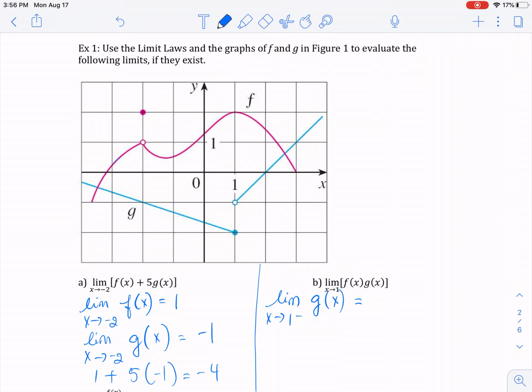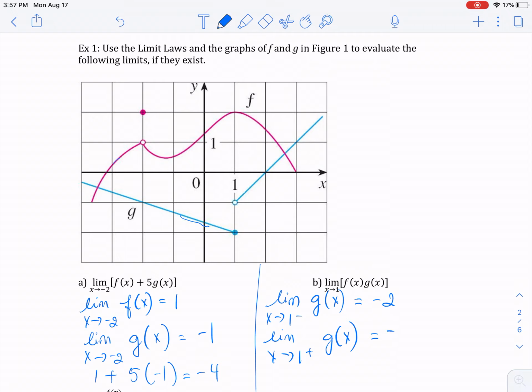As you can see, for g, the limit as x approaches 1 from the left, this way, is -2. And then the limit as x approaches 1 from the right is -1. This one right here, approaching from the right, is -1.